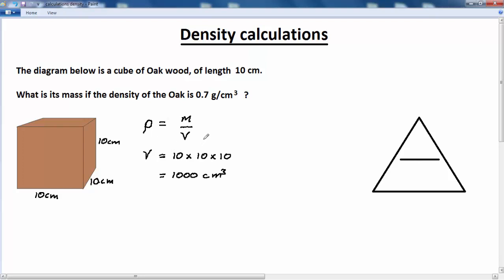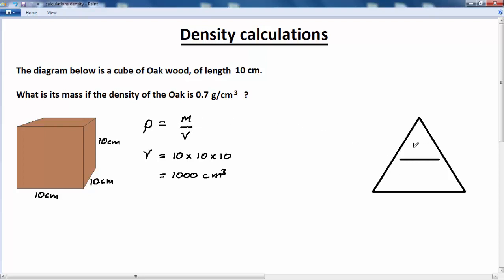Now that means we need to rearrange this formula so that we have the mass on its own, and if you're a little bit ropey about doing that, then I suggest you use a calculation triangle. And remember, when we have the format something is equal to something over something, that's the division bar, then this something divided by something slots in here.